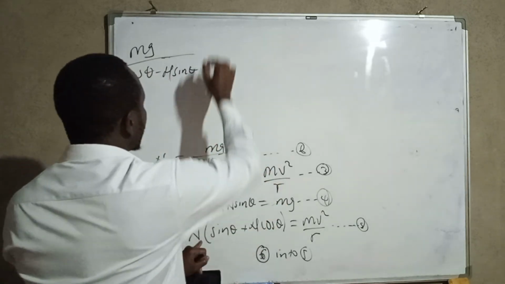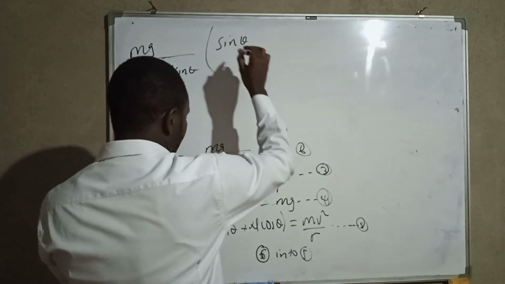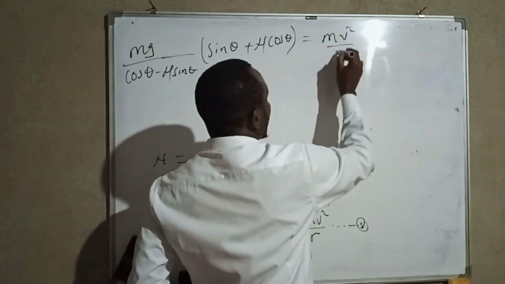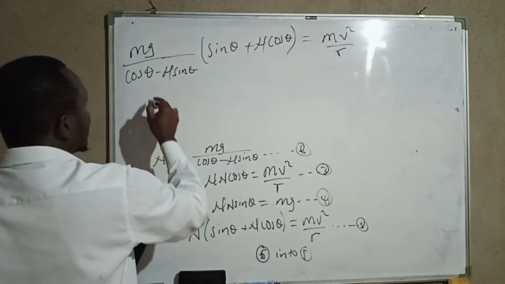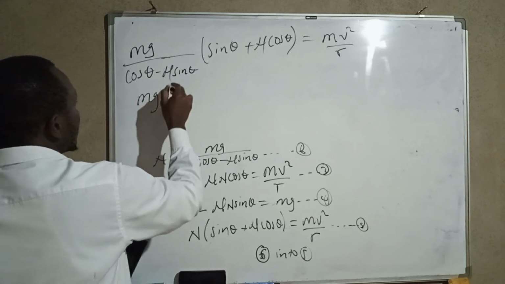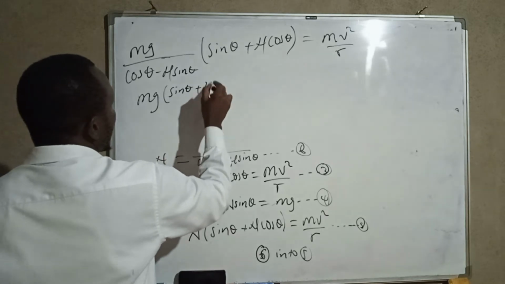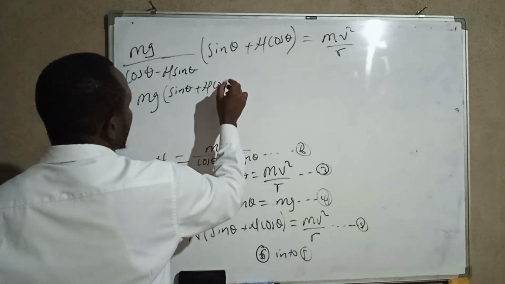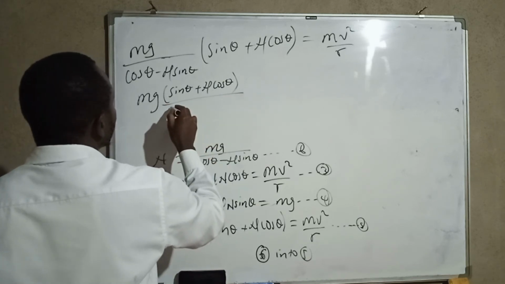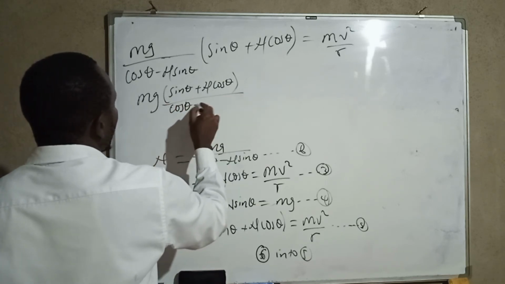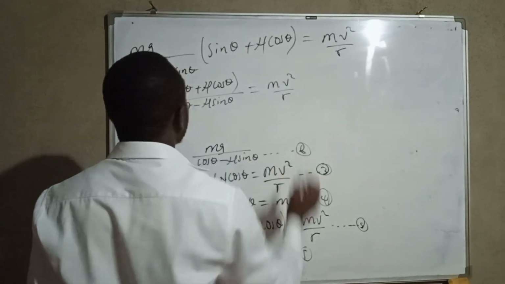Okay, so here, then everything times sin theta plus mu cos theta over cos theta. This should give us mv squared over r.